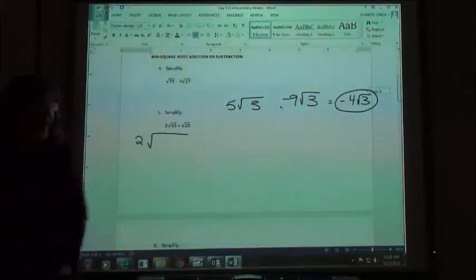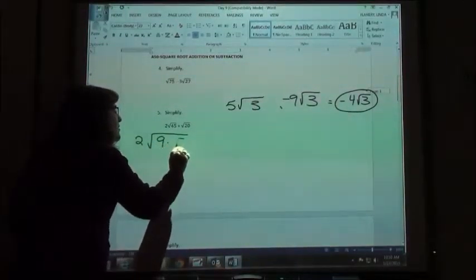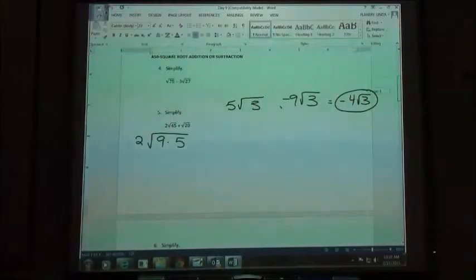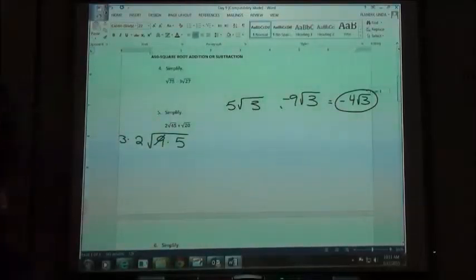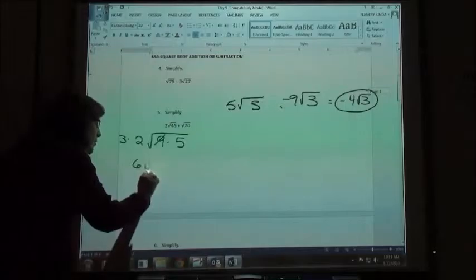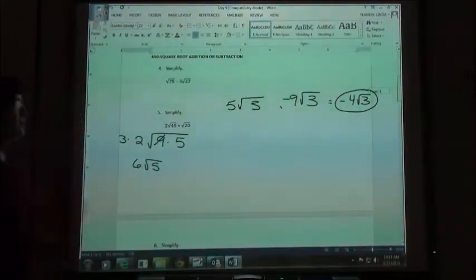Nine. 9, exactly. 9 times 5 is 45. The square root of 9 is 3. That's going to go out in front. We're going to multiply it by that 2 that's already out there. So 3 times 2 would give me 6 square root of 5 when I simplify that first term.